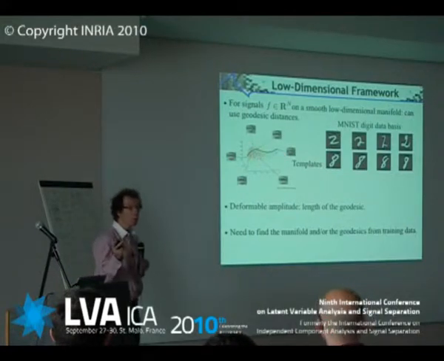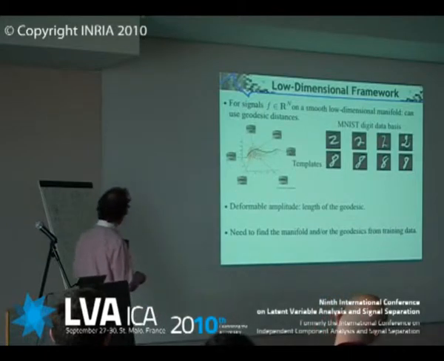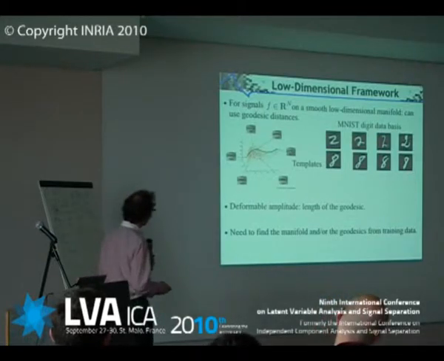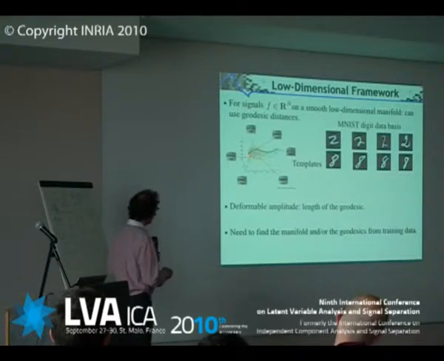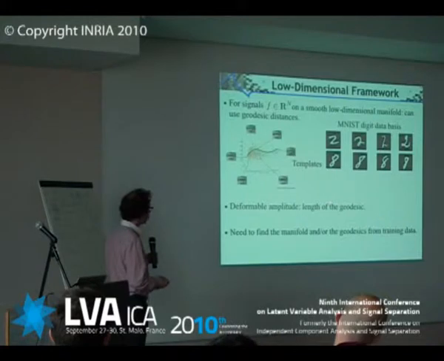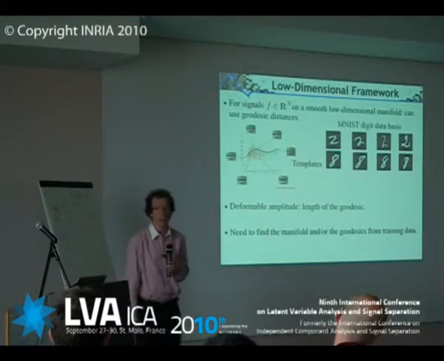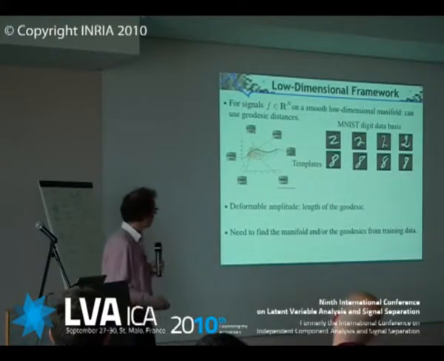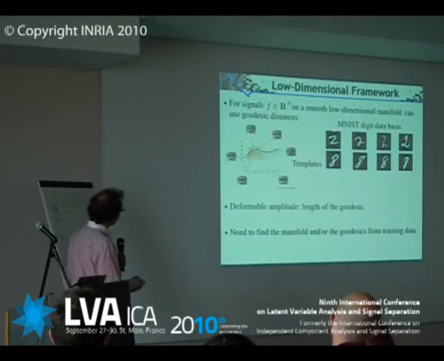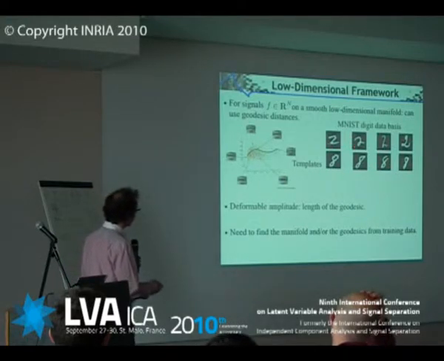Now, if you have to quantify the deformation to go from one to the other, one very natural way is to compute the geodesic on the surface to go from that point to that point, and the length of the geodesic is going to give you the deformation amplitude. The same kind of thing will happen in a database of digits which are deformed.